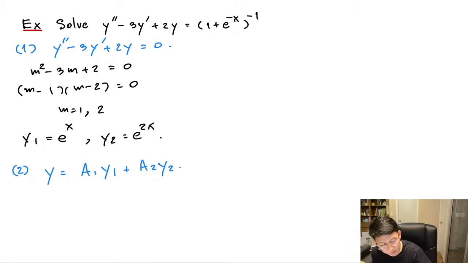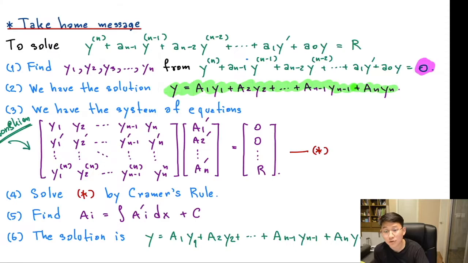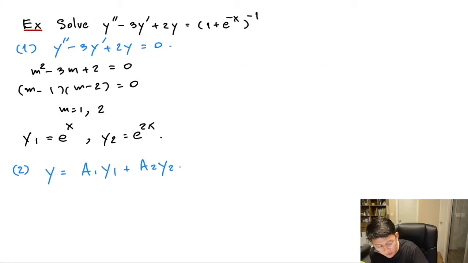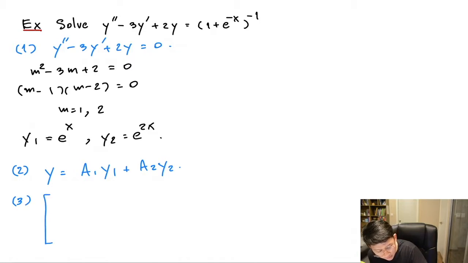The third step is to write down the system of linear equations in terms of matrices. So we have this matrix, which is e to the x, e to the 2x. This is y1, this is y2.